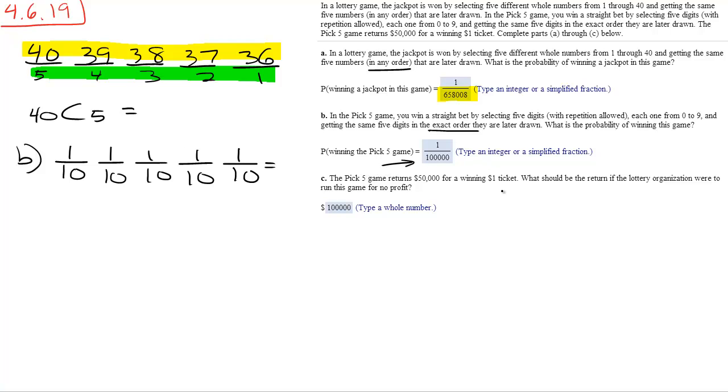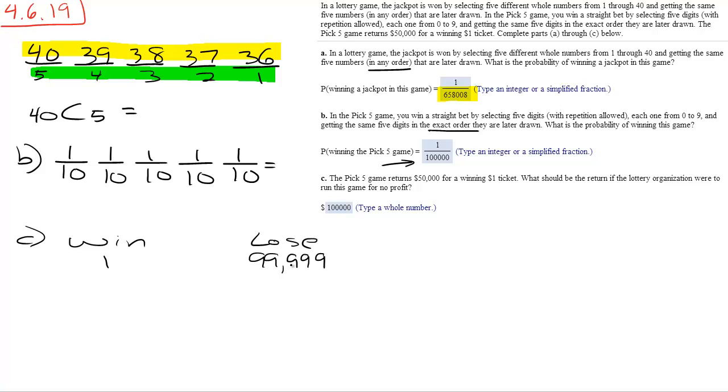Okay, so now, how much money do they have to pay us in order to break even? Well, if you have a 1 out of 100,000 chance of winning this lottery, then that means if you played it, in theory, 100,000 times, you would win once and you would lose 99,999 times, right?